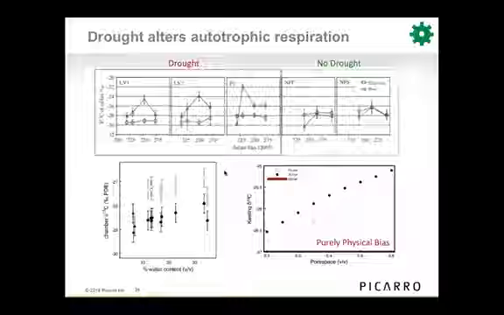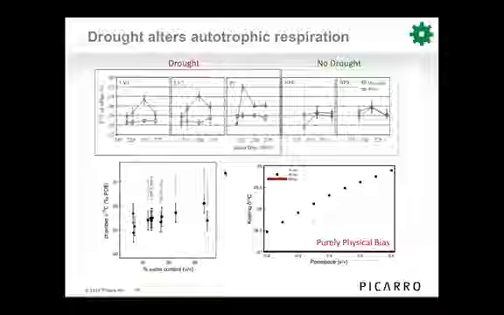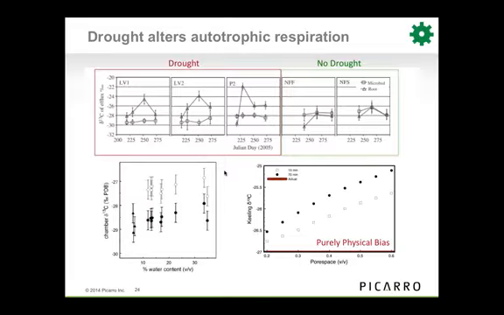What you're seeing on the right plot here is what her results looked like before we corrected them, based on the Picarro and the model data. And then on the left, you can see a similar trend to what we saw at the five field sites above, and that's that the heterotrophic respiration had no moisture content variation.